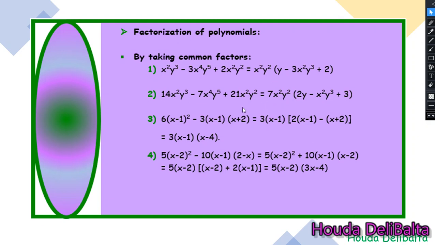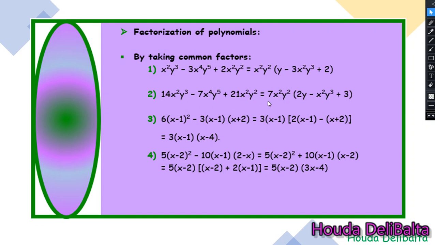Now let's think about taking the common letters and searching for the least power for each letter. I have x squared y cubed, I have x power 4 y to the 5, I have x squared y squared. So obviously the common letters that are going to be taken are x and y. The least power of x among these three givens is x power 2, and the least power of y is also 2.